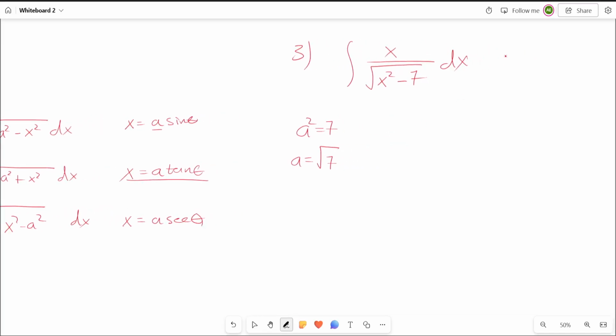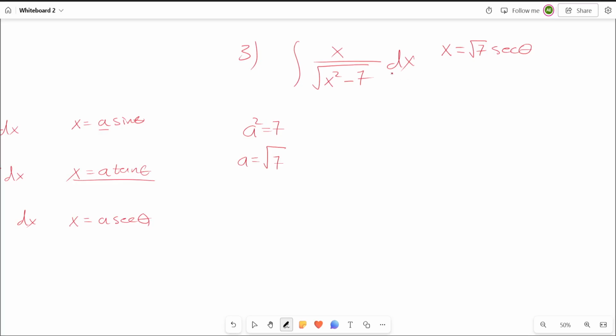So now my substitution should be x equal a secant theta. So x is root 7 times secant theta. This is my substitution. So to get rid of this dx, the second step I should do straight away is just differentiate this.